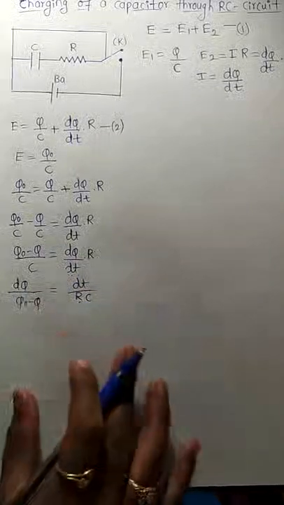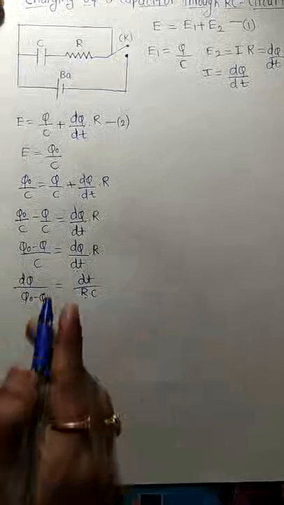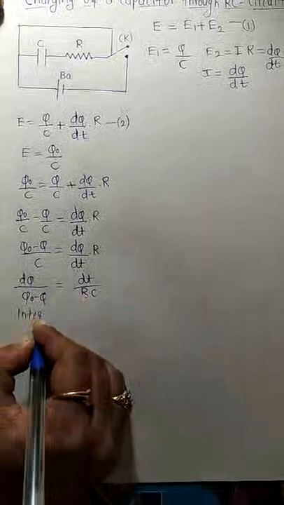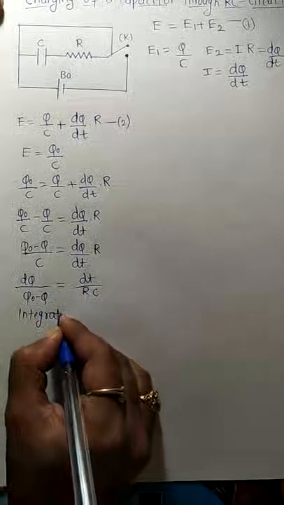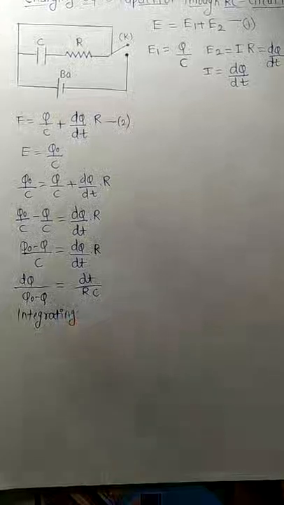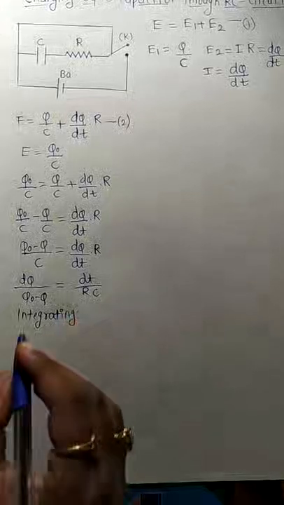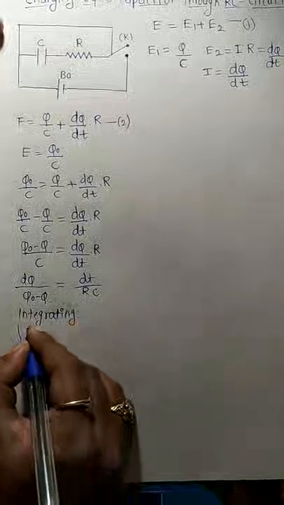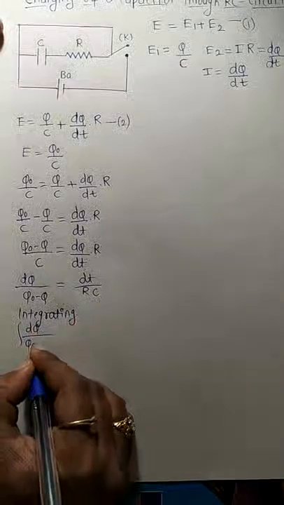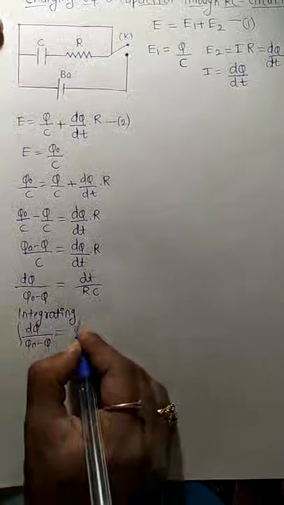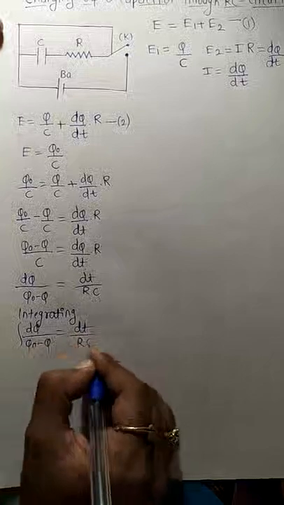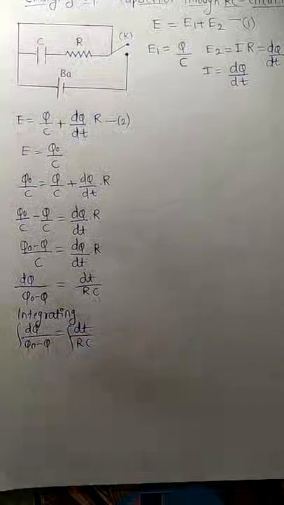Now integrating the above equation, integration of dq divided by q naught minus q is equal to integration of dt divided by r into c.